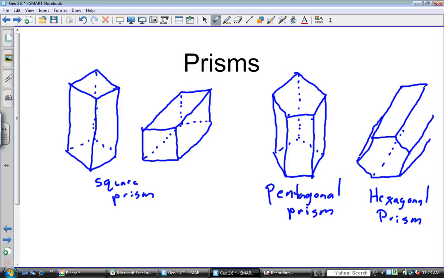Now when I connect them, that's not the best one. So we got a hexagon in front, we have a hexagon on the back, and it's connected by rectangles. So that's a prism.